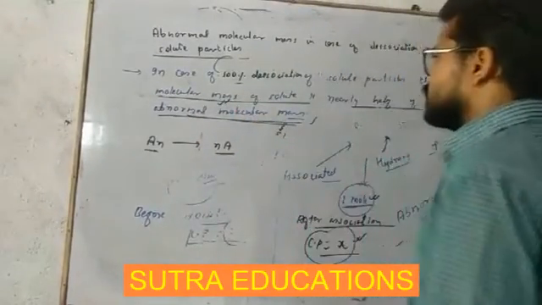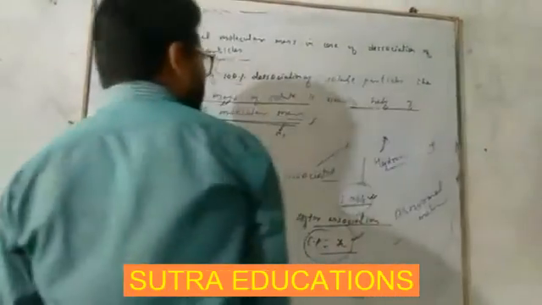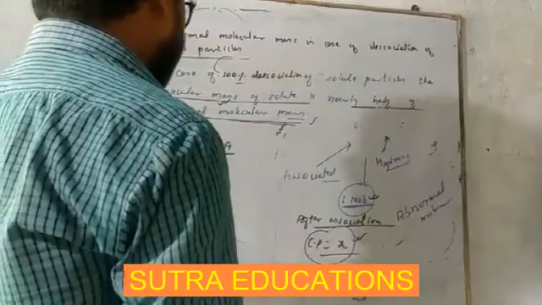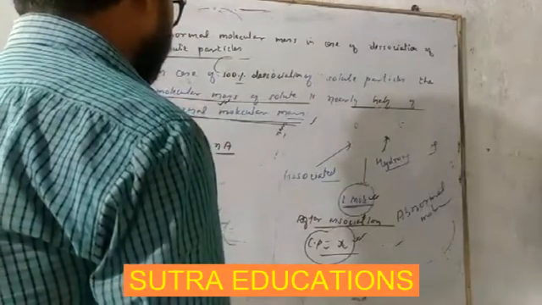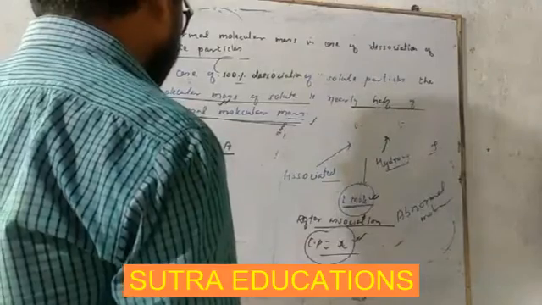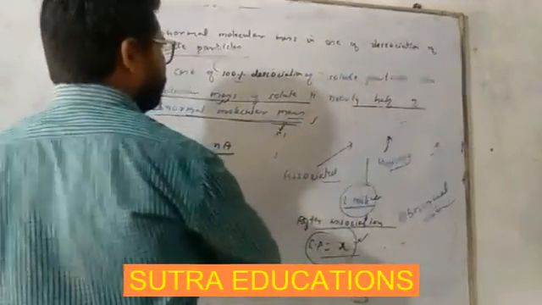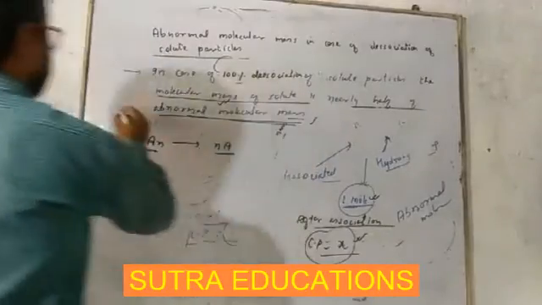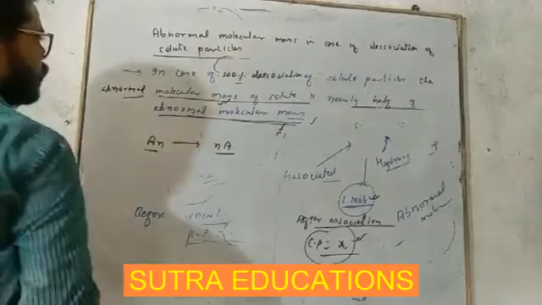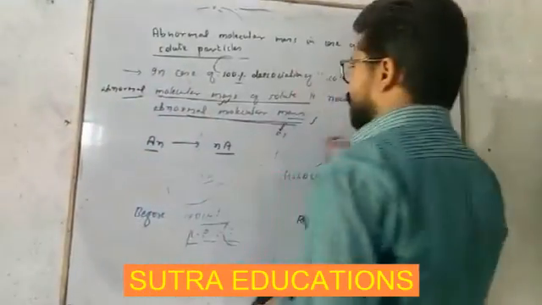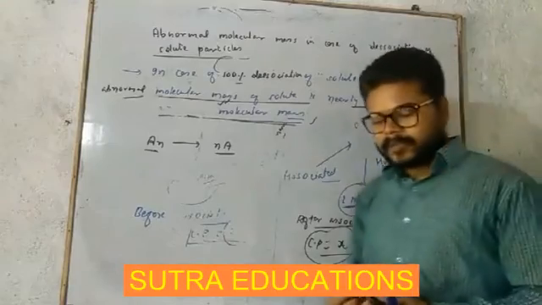Okay, so in case of 100% dissociation of solute particles, the abnormal molecular mass of solute is nearly half of molecular mass.